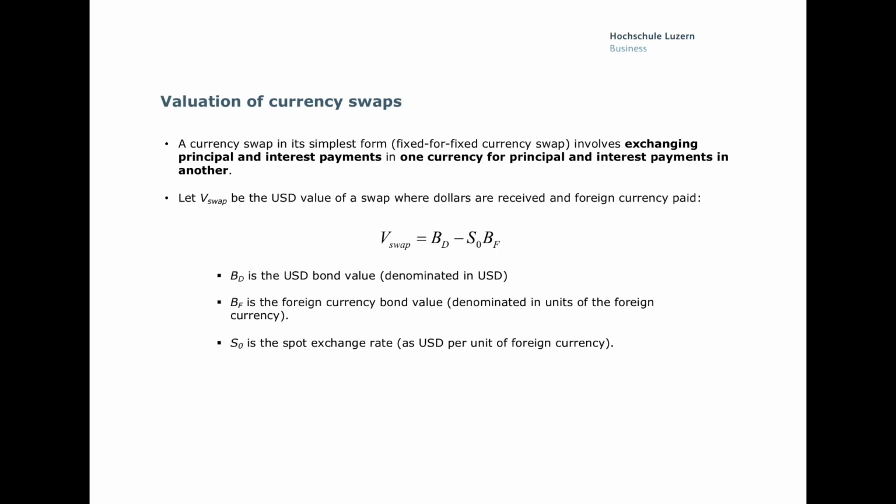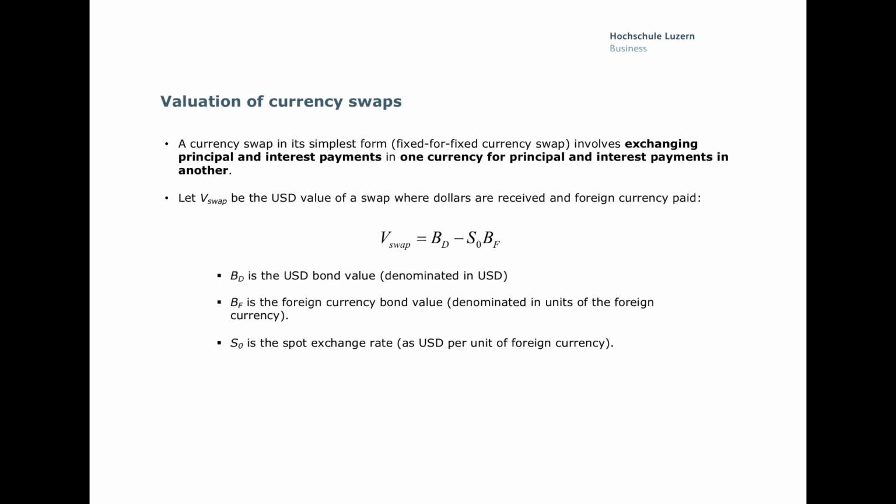The dollar value of an outstanding swap, where dollars are received and foreign currency is paid, can be expressed as follows. In this context, BD is the value of the bond defined by the domestic cash flows on the swap. BF is the value measured in foreign currency of the bond defined by the foreign cash flows on the swap.